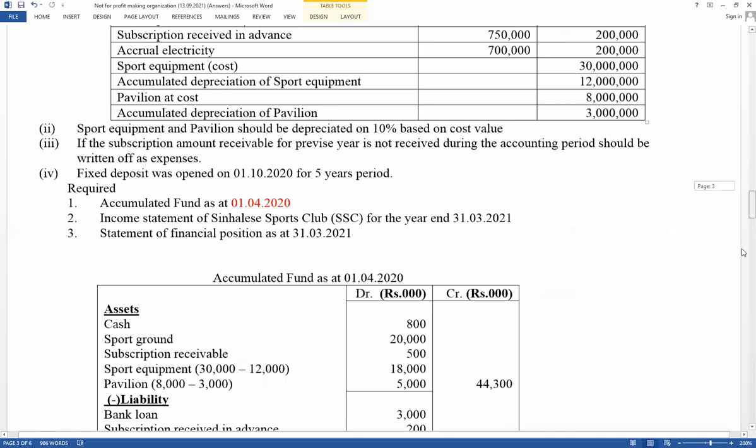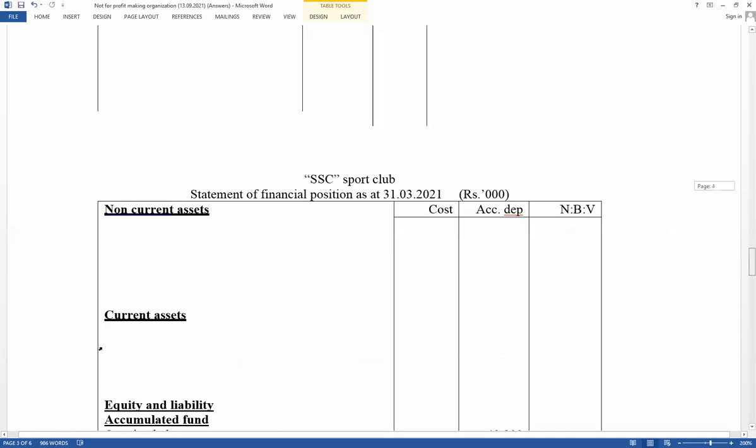Under current assets, record subscription in arrears or subscription receivable. Subscription receivable closing balance is given as 900. The value should be recorded in the second column.